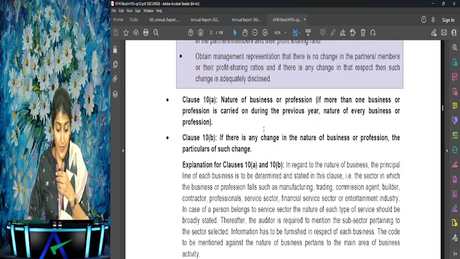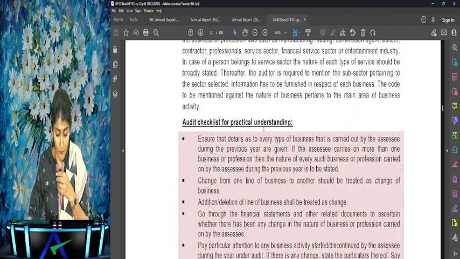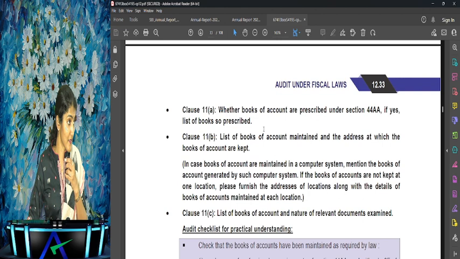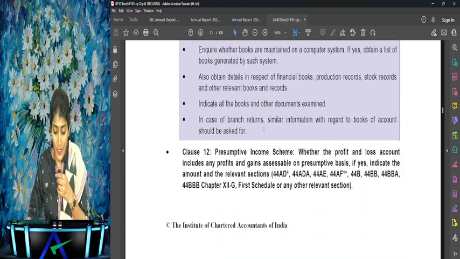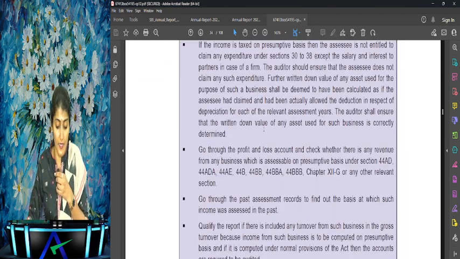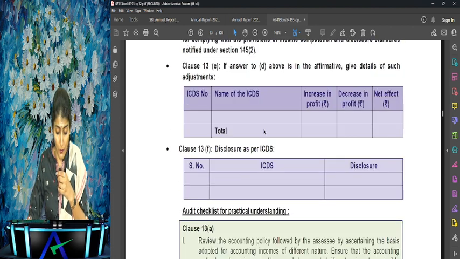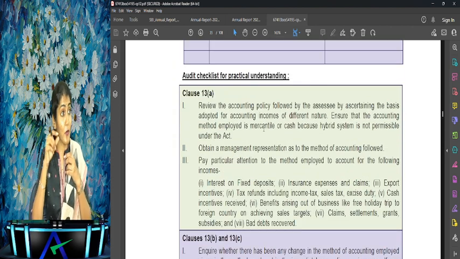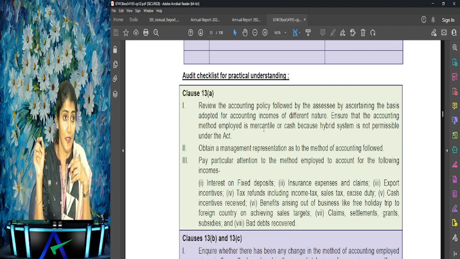Then 10A is regarding the nature of business or profession. Then again, the audit checklist has been given for the practical understanding. Then 11, again, they've given the audit checklist. So any clause you want to gain more understanding of, after each clause and sub-clause, they've given the audit checklist for the practical understanding.